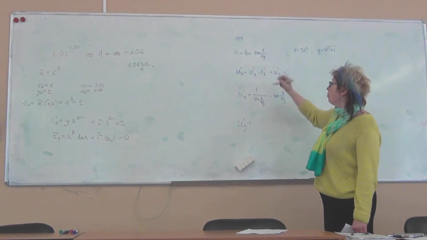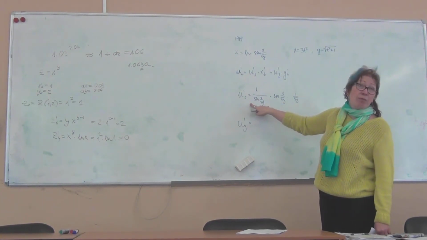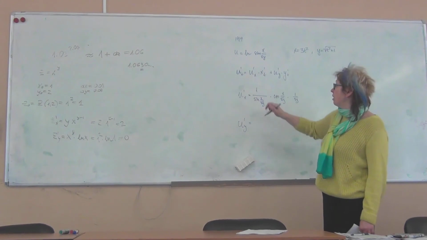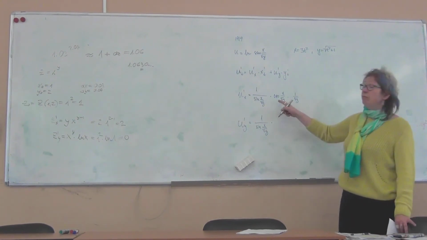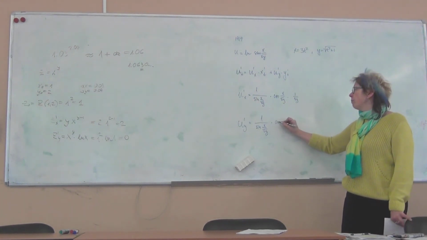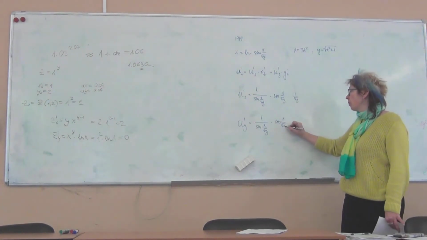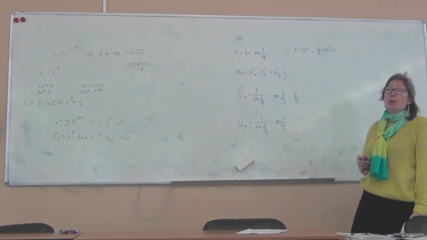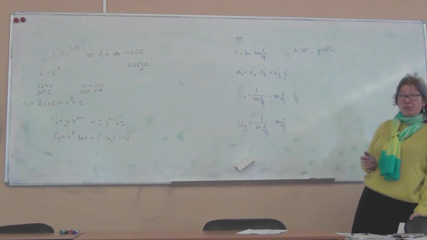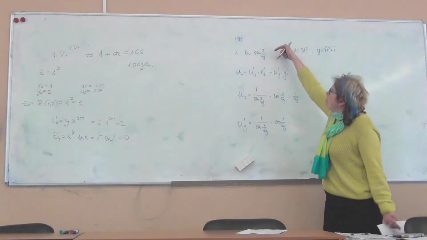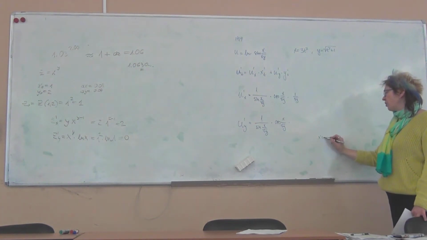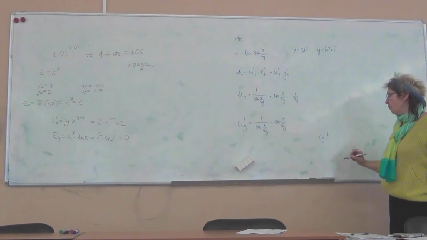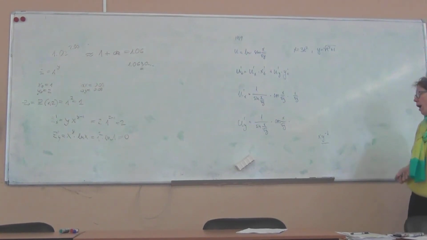U derivative by y, the first part is the same, natural logarithm is derived still in the same way, 1 over sine x over square root of y times sine, derived in the same way, nothing has changed, times. Now, because we are deriving by y and not by x, the derivative of this internal function will be different. So it's x times y to the power minus 1/2, and we are deriving by y.